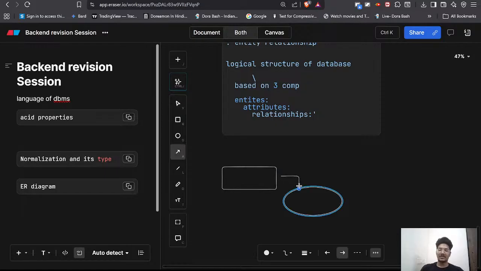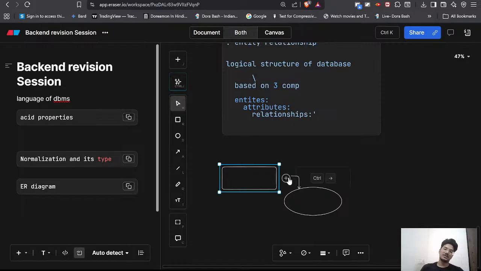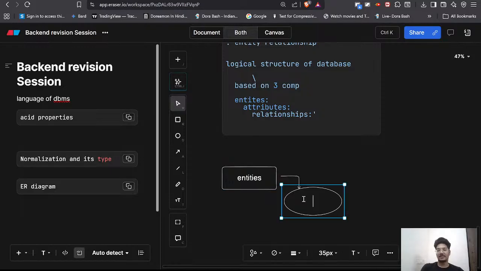So this is the entity, this is the attribute, and the line defines the relationship between them.